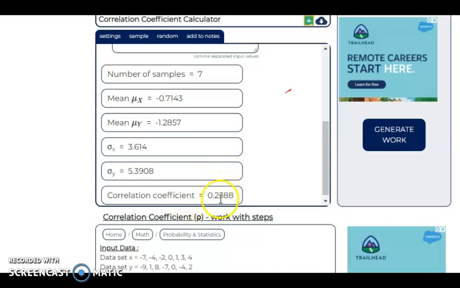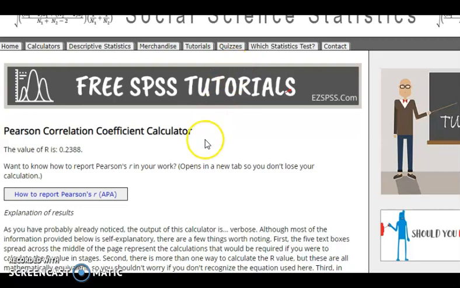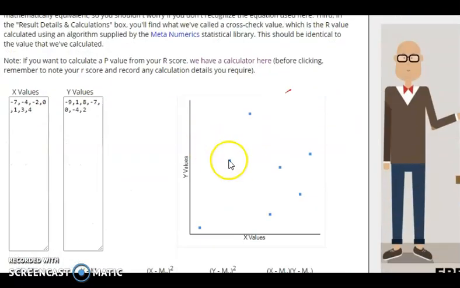See, 0.23. It is between 0 and 1, which shows the weak positive correlation. If I use it in the Pearson coefficient calculator, see, the graph is somewhere like this. Only 3 values are in the same direction. This shows it is a weak correlation coefficient.